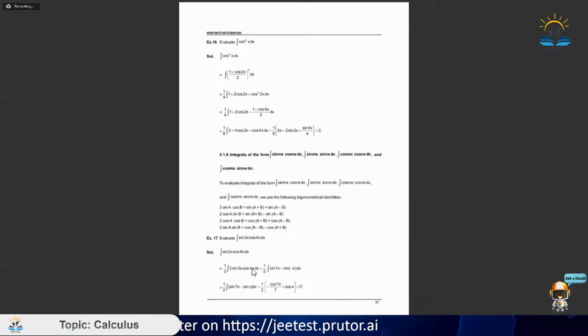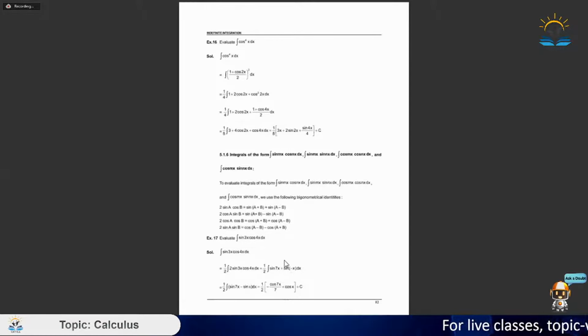It was sin a cos b, which is sin(a plus b) plus sin(a minus b). For a plus b, 3x plus 4x becomes 7x. For a minus b, 3x minus 4x becomes sin minus x. So for these, the integration becomes this.